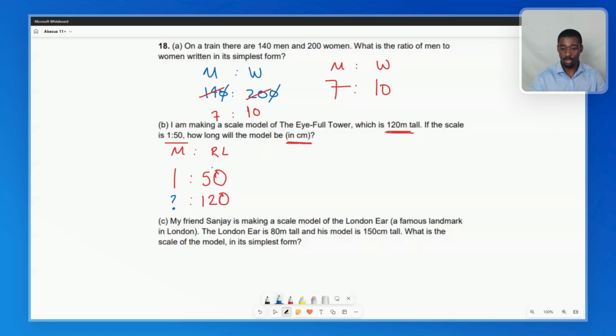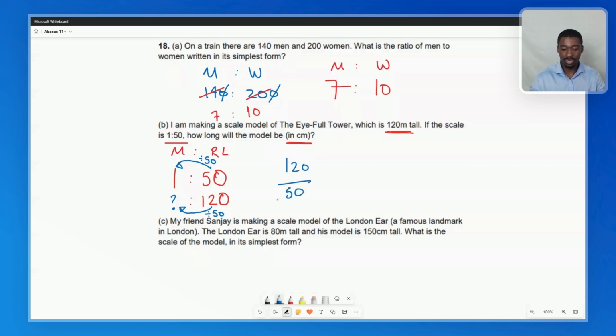We know that going from 50 to 1, we divide by 50. Therefore, going from 120 to our mystery value, the scale height of the Eiffel Tower, we're also going to divide by 50. So to work it out, all we do is 120 divided by 50.